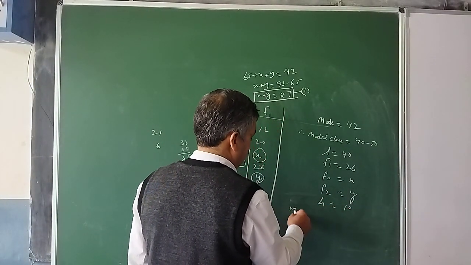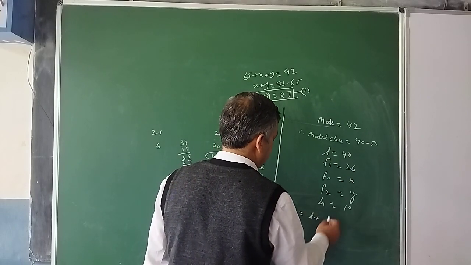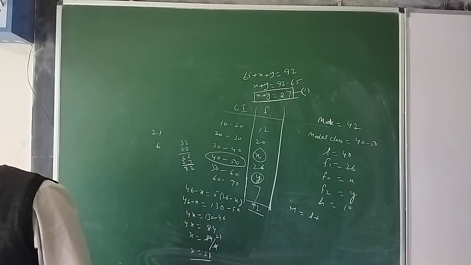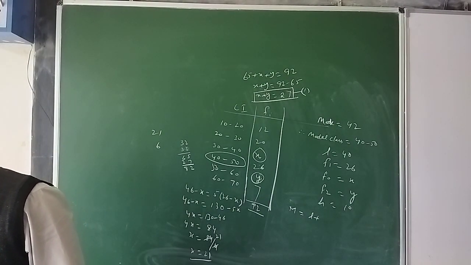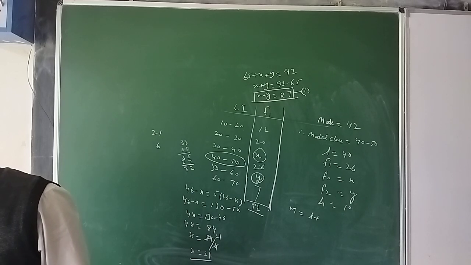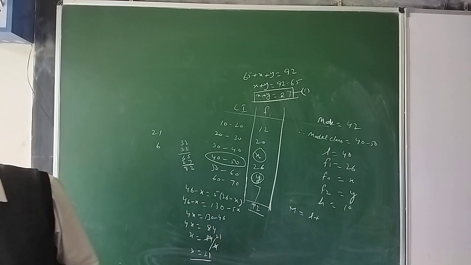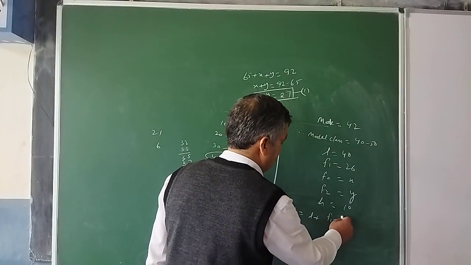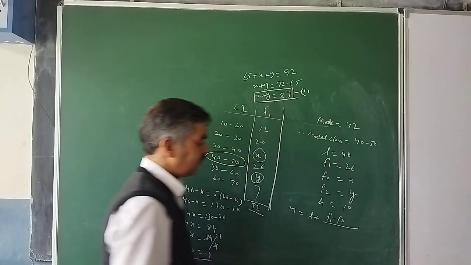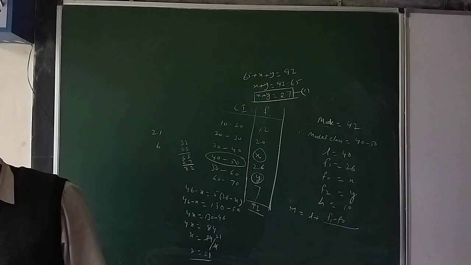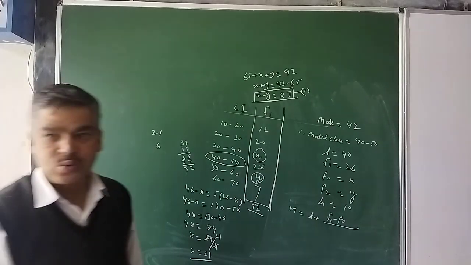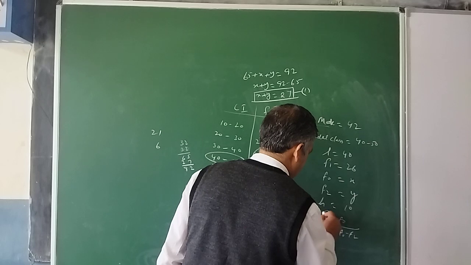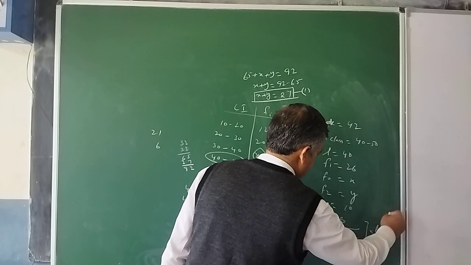10. So again, L plus you calculate the mode, so please you need to recall the formula: L plus F1 minus F0 upon 2F1 minus F0 minus F2, into h.